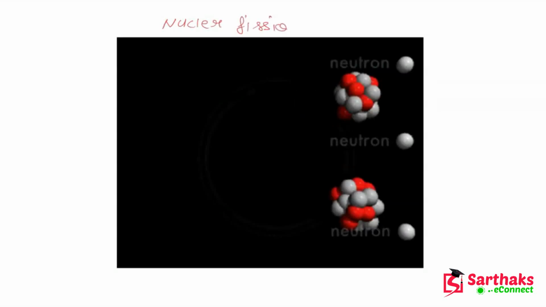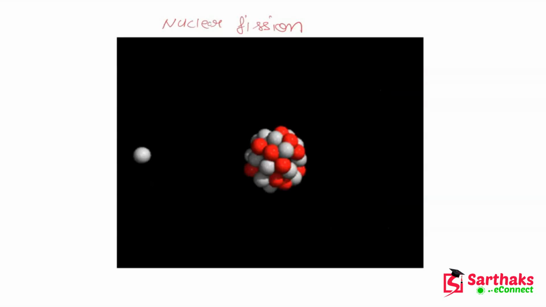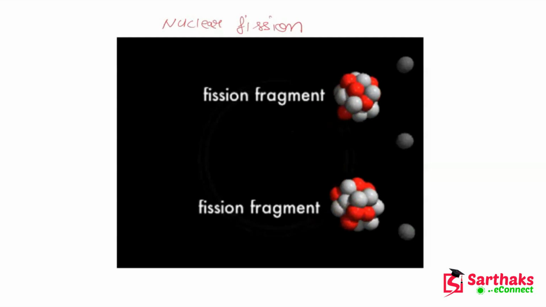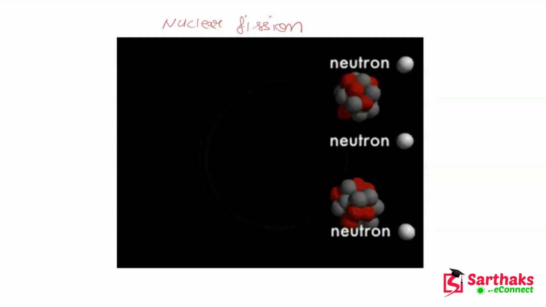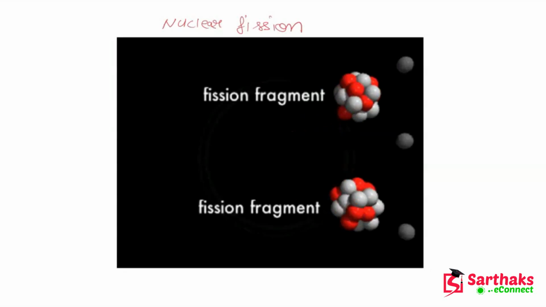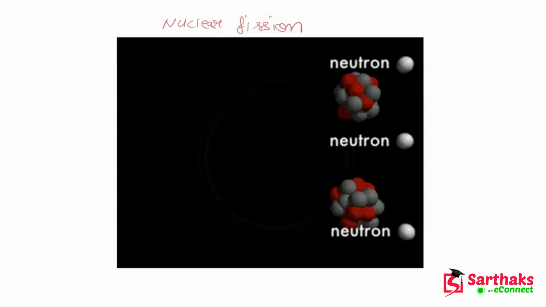Okay, nuclear fission. So here you can see that when one neutron is bombarded into the nucleus, this nucleus will be divided into two smaller nuclei.